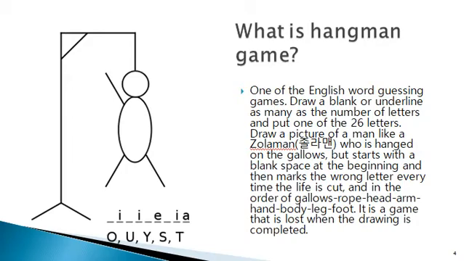Draw a picture of a man hanged on the gallows, starting with a blank space at the beginning, and mark the wrong letter every time a life is cut, in the order of gallows, rope, head, arms, hand, body, leg, foot. It is a game that is lost when the drawing is completed.